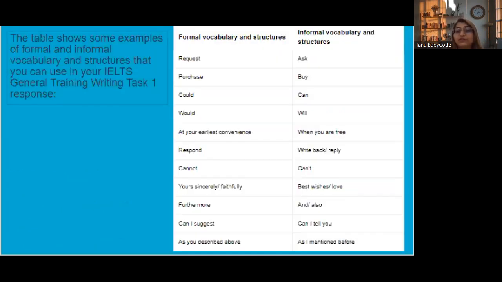Now see the vocabulary for formal and informal structure. Formal says request, whereas informal says ask. Formal says purchase, informal says buy. Could, can, would, will, earliest convenience, when you're free, yours sincerely, best wishes, respond, write back, furthermore, and as described above, as I mentioned. So you can see the difference between formal vocabulary and informal vocabulary.